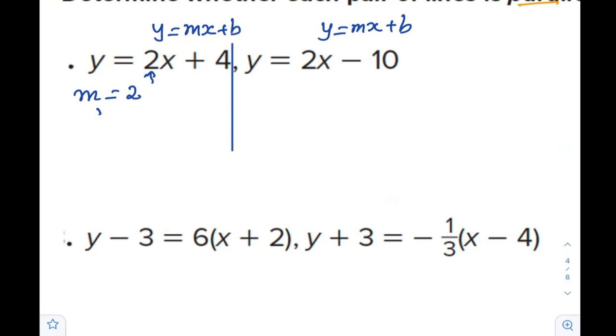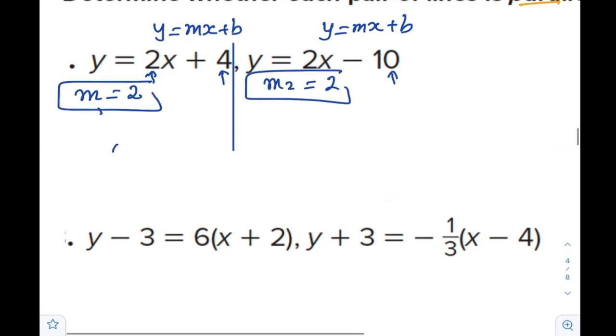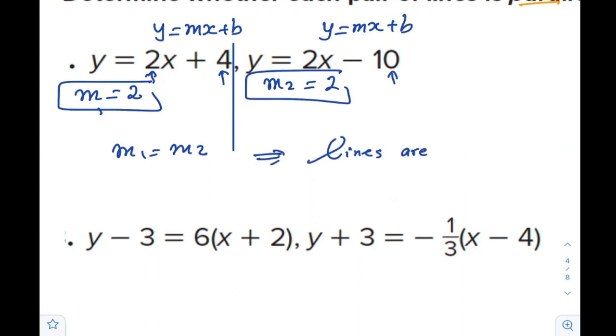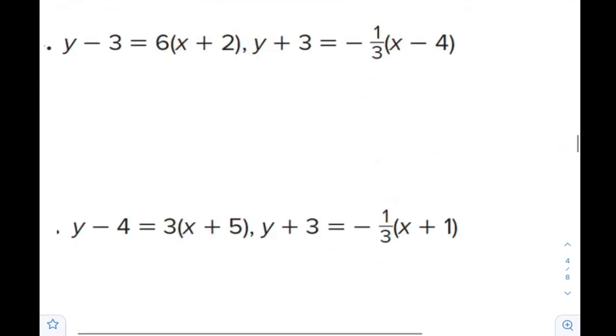For this equation, this is my slope. Irrespective of the y-intercept, we just compare the slopes here. Since slope 1 is equal to slope 2, that means directly the lines are parallel. This is our goal.